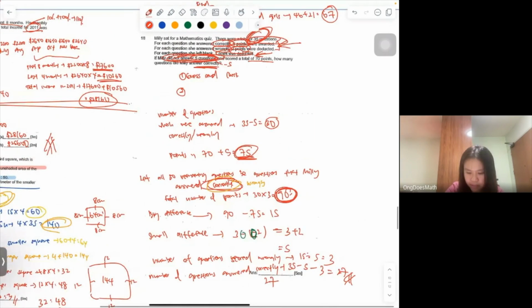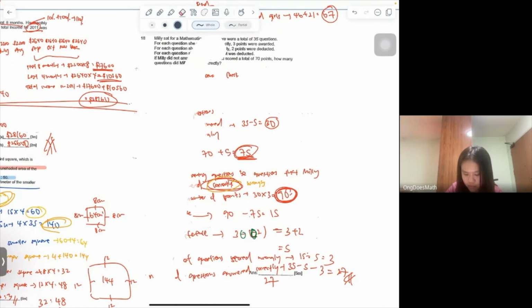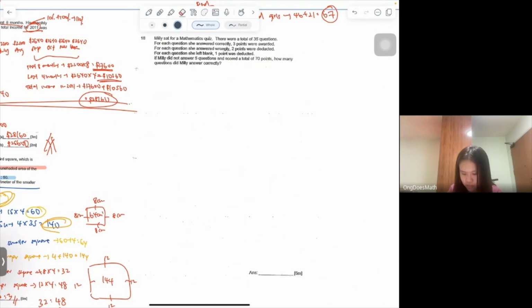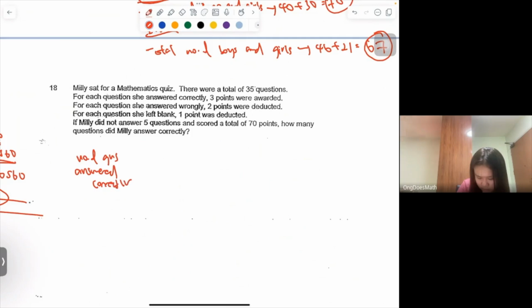So I will draw the table out for you. Column 1 will be the number of questions answered correctly. And it will be the number of marks awarded.